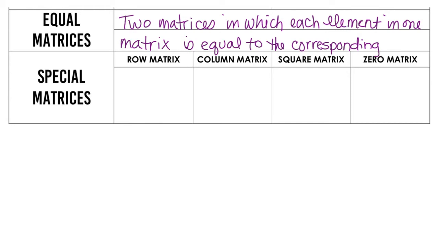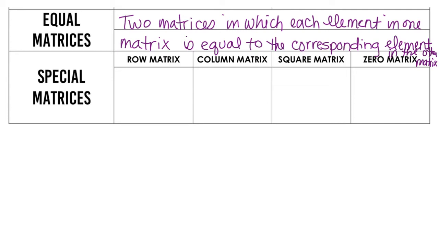Now, it looks like I'm going to run out of room here. All right. So again, for two matrices to be equal, then each element in one matrix must be equal to the corresponding elements in the other matrix.